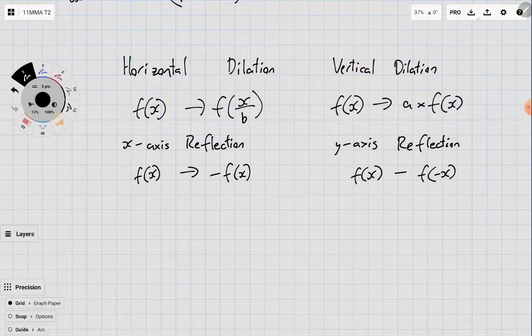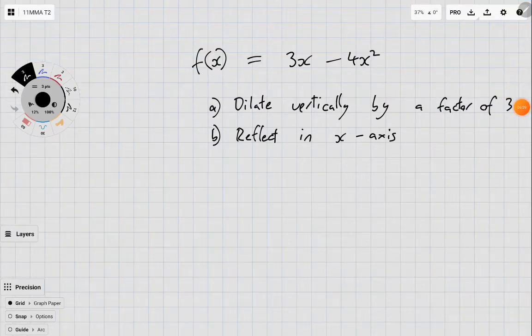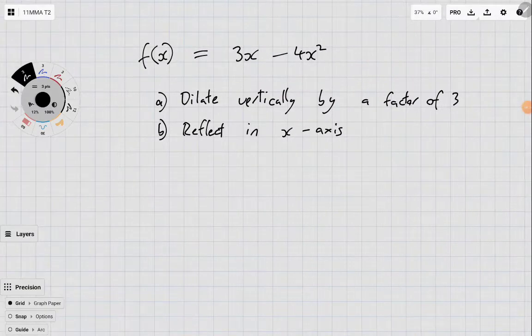Now let's talk about quadratics and see when this happens. So, alrighty, we've got the function f of x equals 3x minus 4x squared, and we're firstly going to dilate it vertically by a factor of 3, and then we're going to reflect it in the x-axis. So just as a reminder for the dilation, for the first part, f of x becomes 3 times f of x.